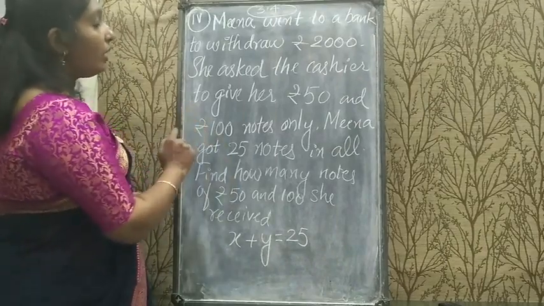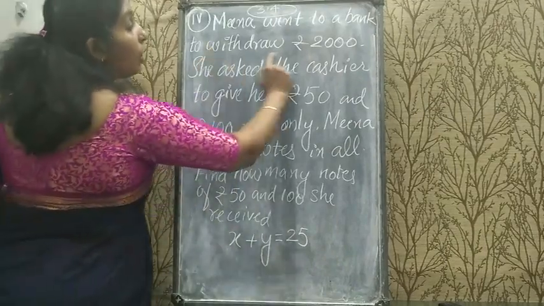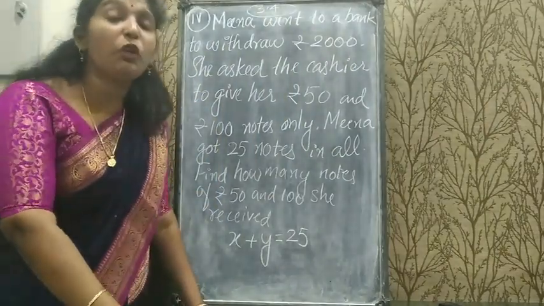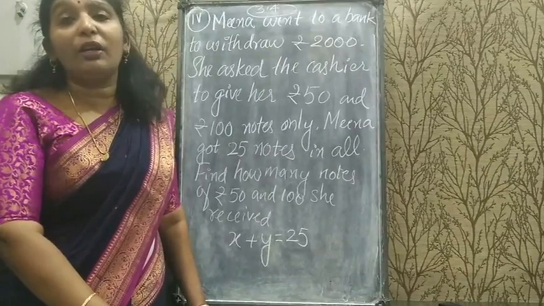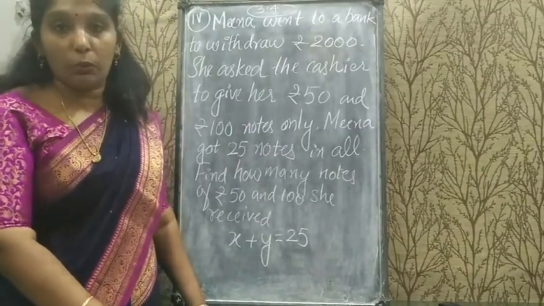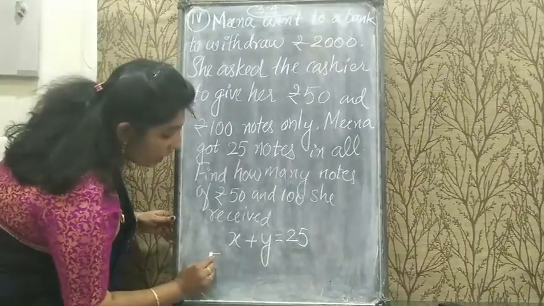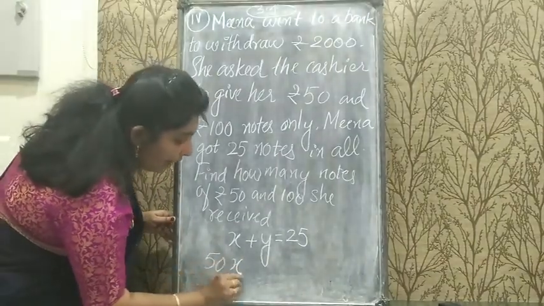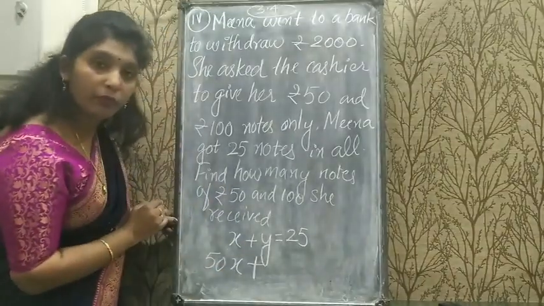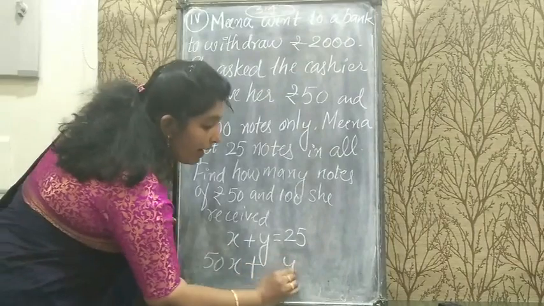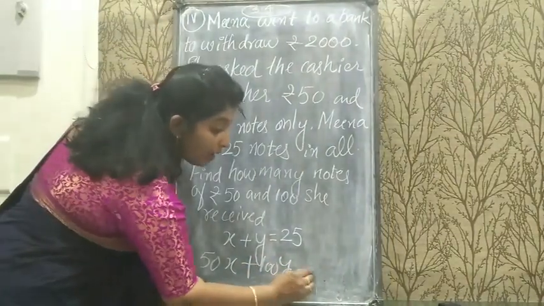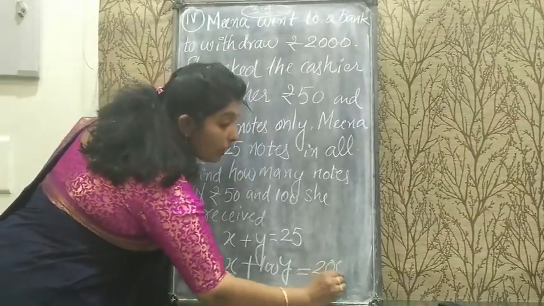In the second condition, in total she withdrew 2000 rupees. We don't know how many 50 rupees notes and how many 100 rupees notes she got, but the total amount is 2000 rupees. So if she withdrew X notes of 50 rupees, that means 50 into X, and Y notes of 100 rupees, then together she got 2000 rupees.